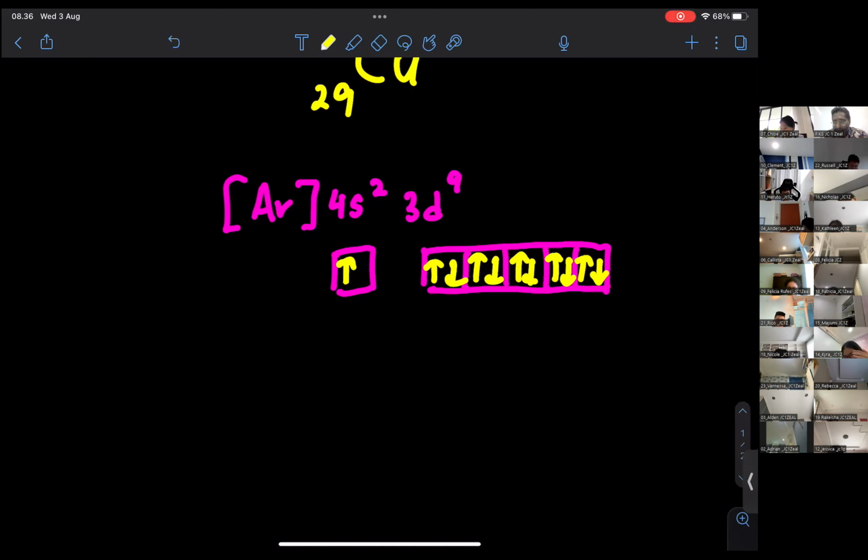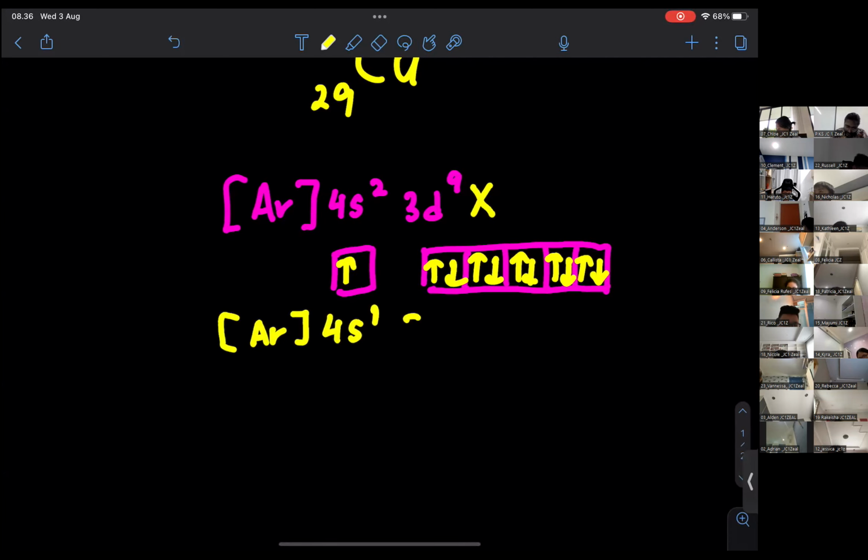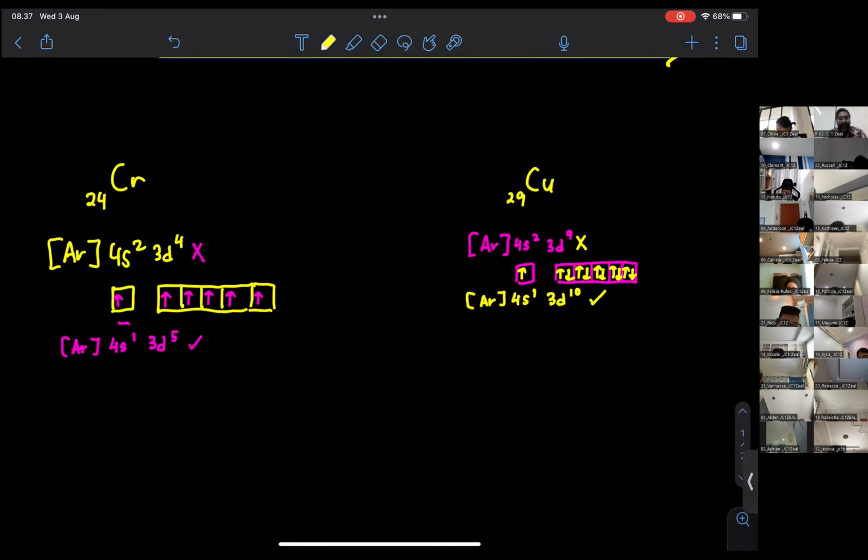This is more stable, so the earlier configuration is not accurate. We write it as Ar 4s1 3d10. This is the correct one.